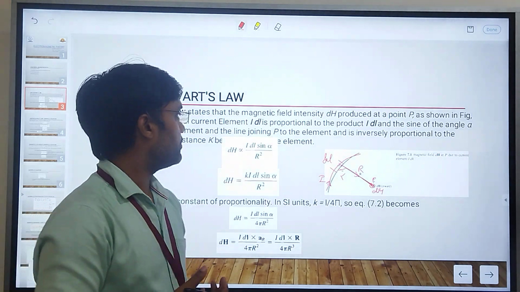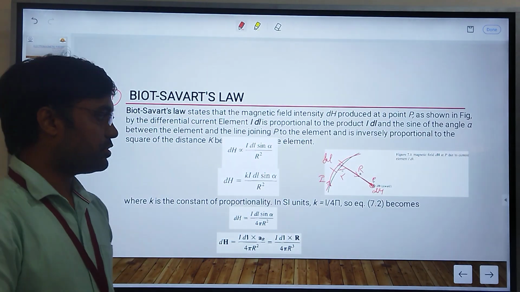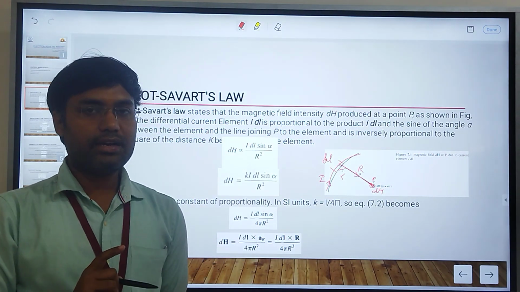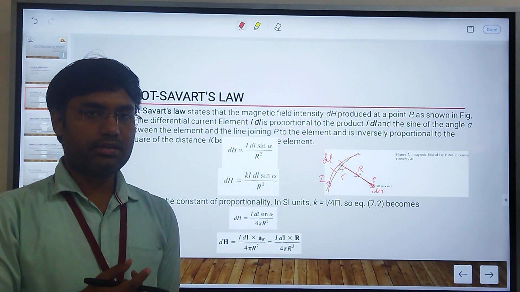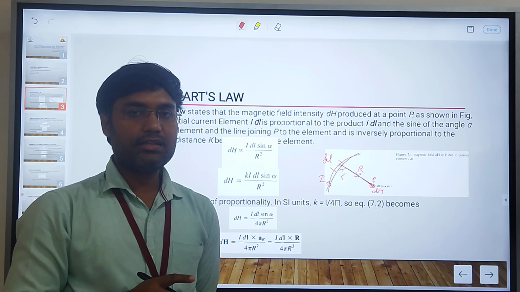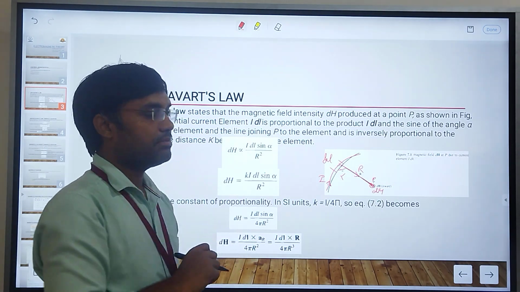The Biot-Savart law states that the magnetic field is directly proportional to I dl multiplied by sin alpha, that is the angle between the line joining the current element to the point P where we are calculating the magnetic field intensity, and divided by the square of the distance between them.